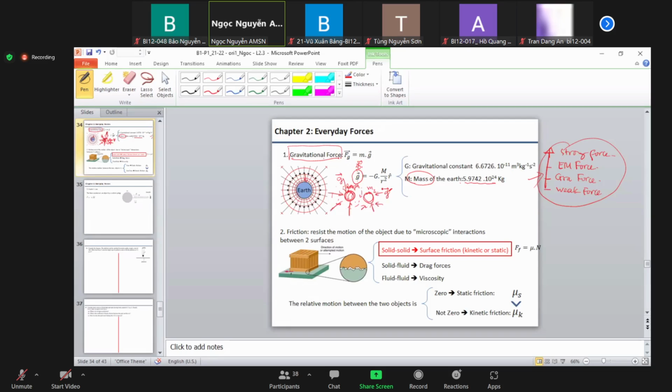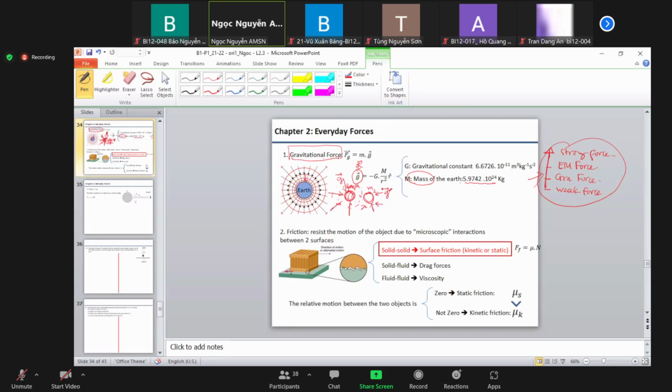And if you calculate the G prime of any other object, because the mass of that object is so small, G prime is so small compared to G. So normally we ignore it. You understand it? We ignore it when we compare to the G of the Earth.